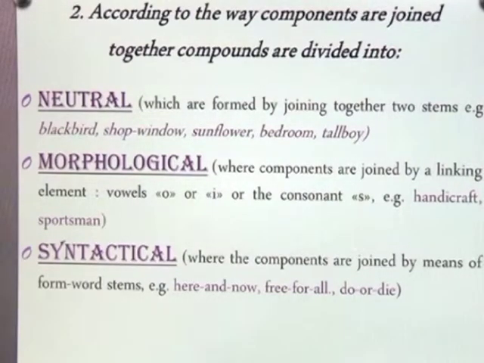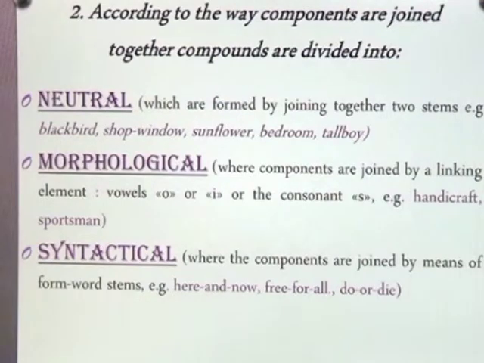neutral, which are formed by joining together two stems, for example, blackbird, shop window, sunflower, and etc. Morphological, where components are joined by a linking element, for example, vowels o or i, or the consonant s.